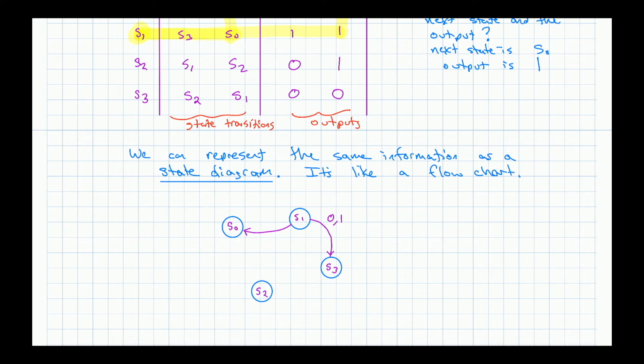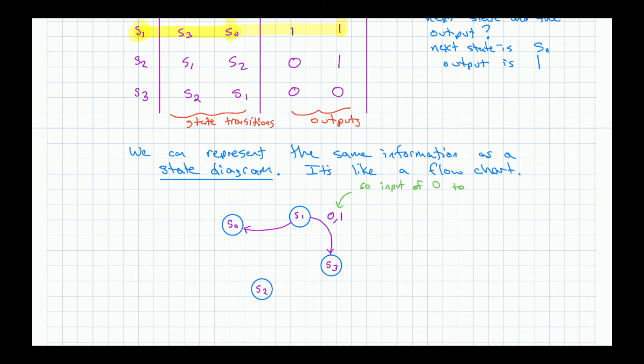So as a note, this would be saying input of 0 to S1 moves you to S3 and gives an output of 1. And so that's what that 0, 1 means.